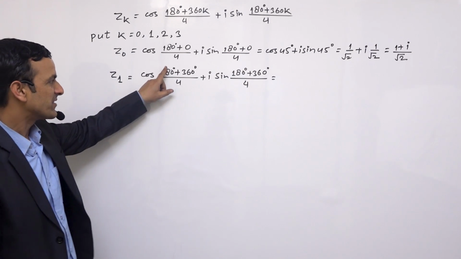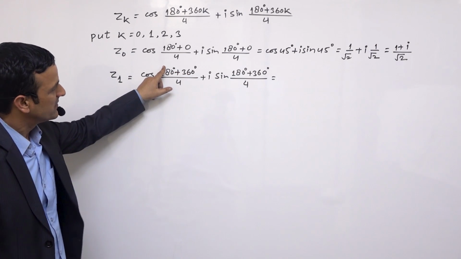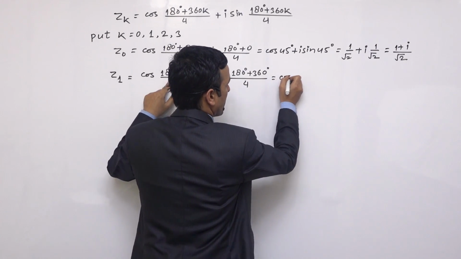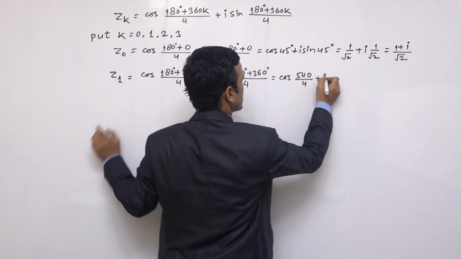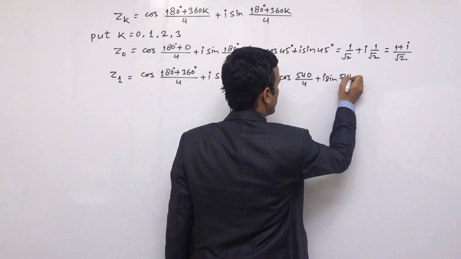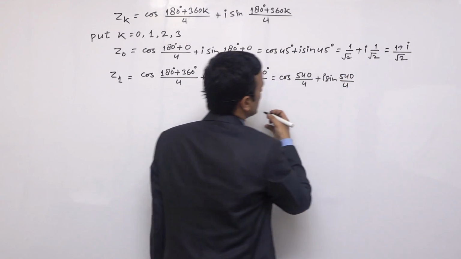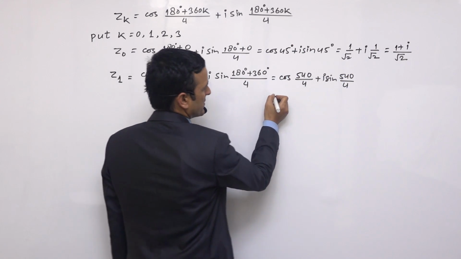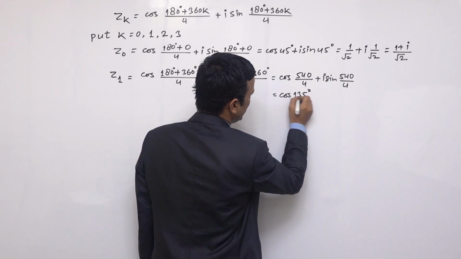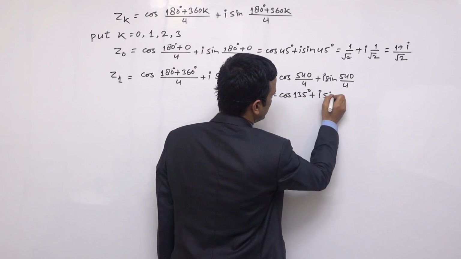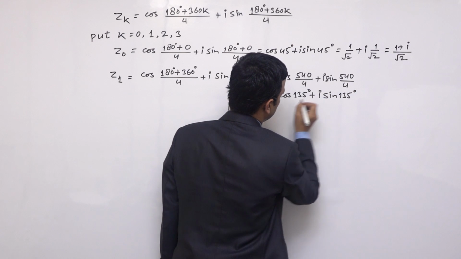So if we add these two terms, then we get cos 540 divided by 4 plus i sin 540 divided by 4. So here we can interpret the value as cos 135 degree plus i sin 135 degree.